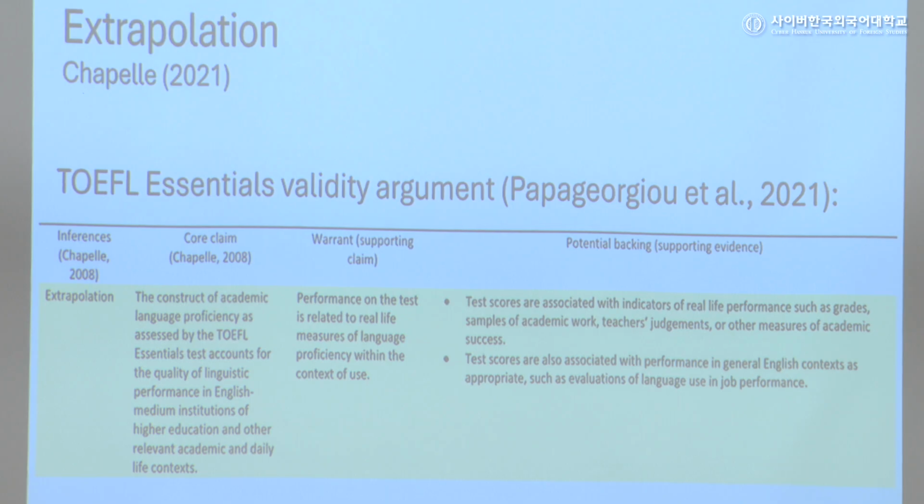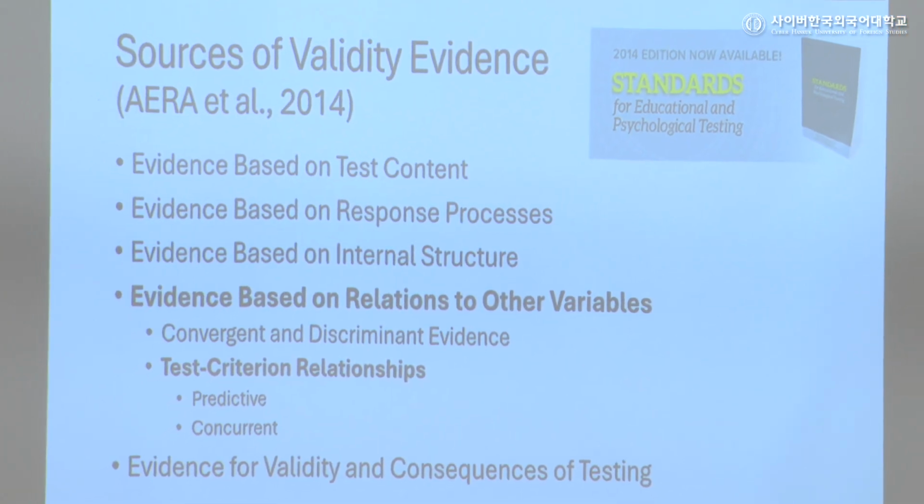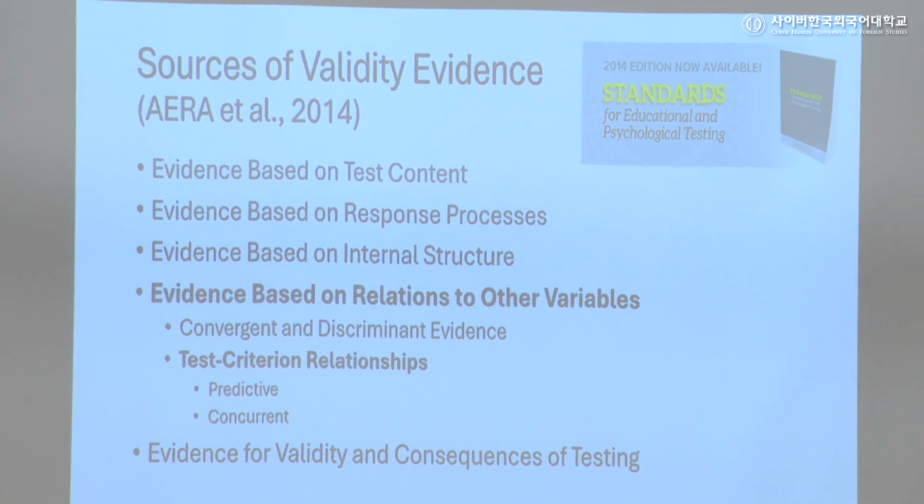All right, so that's extrapolation for us, conceptually what it is. And I've talked a little bit about evidence for extrapolation. Beyond just what argument-based validity theorists promote, Chapelle, Kane, and so forth, there's broad alignment here too in the field of educational measurement at large.